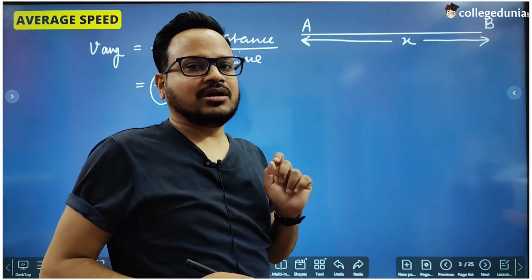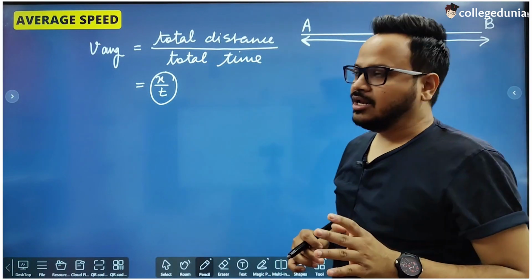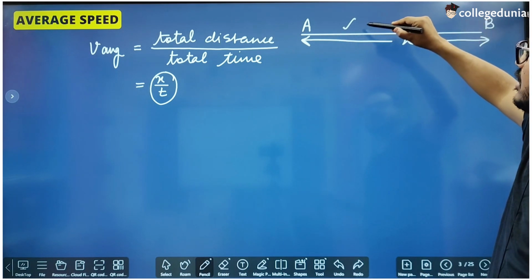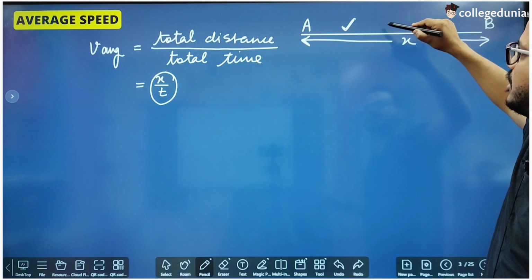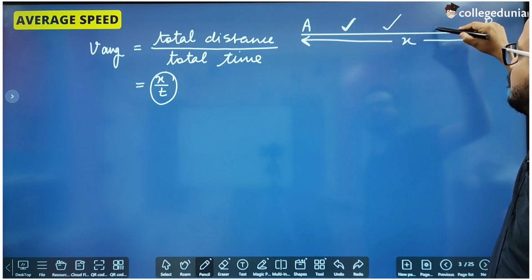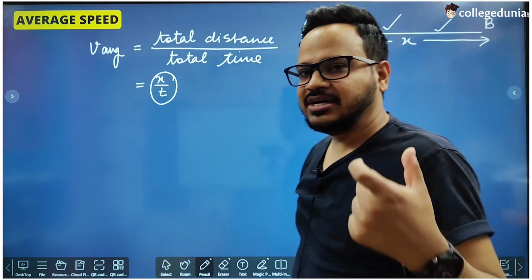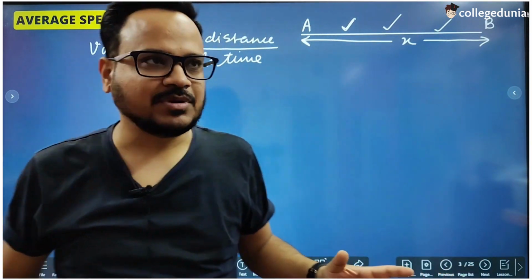Getting my point? We are not interested in what is happening in between A and B. What is the speed of the body at this point, or at this point? No. We are just interested in the average value of the speed.